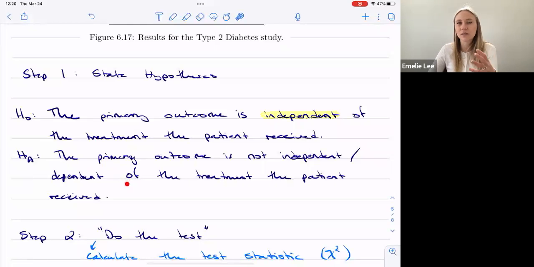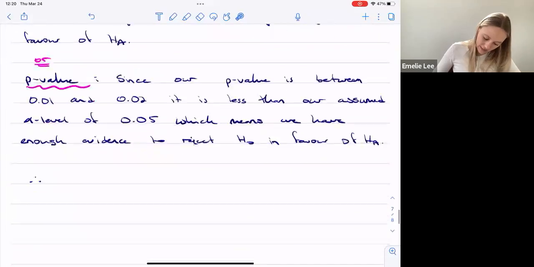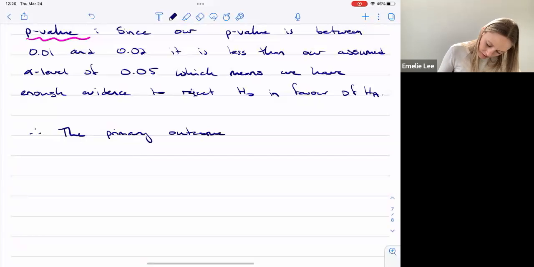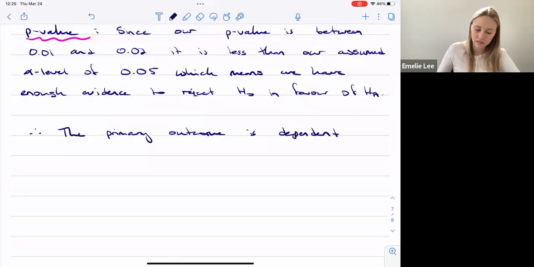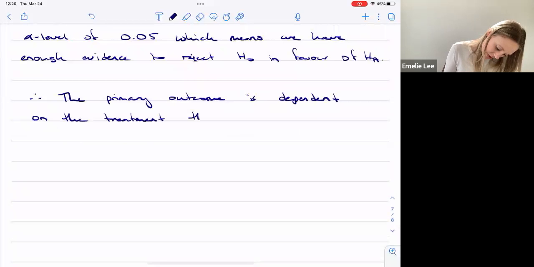And so I can reword this slightly as long as I talk about the dependence. Therefore, the primary outcome is dependent on the treatment the patient received.